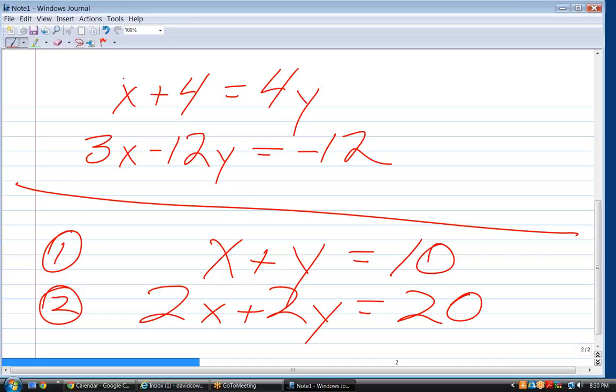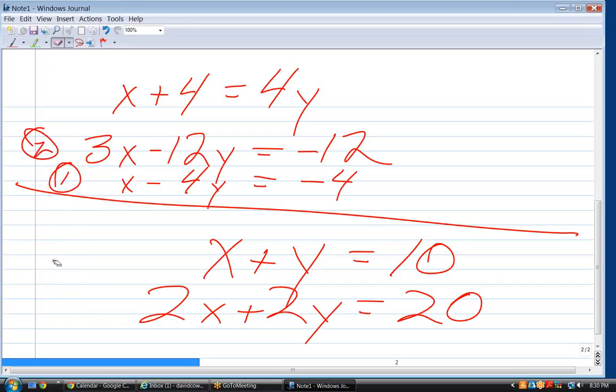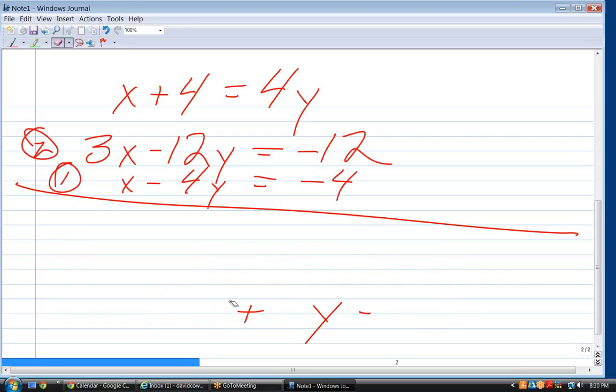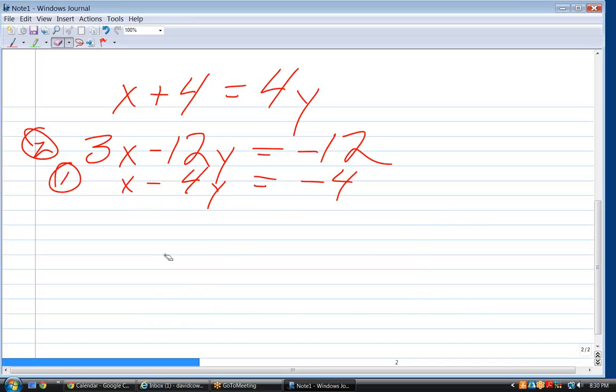Well, let's look at this first equation here. If I bring the y over and then take the 4 over the other side, what do I have? I have x minus 4y equals minus 4, correct? Correct. Well, there's equation 2. There's equation 1. Let me erase all this other stuff I have here. It's the exact same thing, but simpler. Exactly.